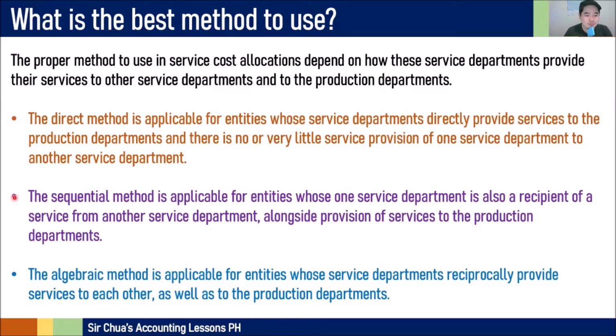Now, for the sequential method naman, it's applicable for entities whose one service department is also a recipient of a service from another service department alongside provision of services to the production departments. Okay. So, ganito po yung nangyayari. Medyo gawin nating malungkot. Si Human Resource Department ay sinaserve niya na yung mga empleyado sa cafeteria kasi empleyado na talaga ng companies yung nasa loob ng cafeteria, hindi na agency.